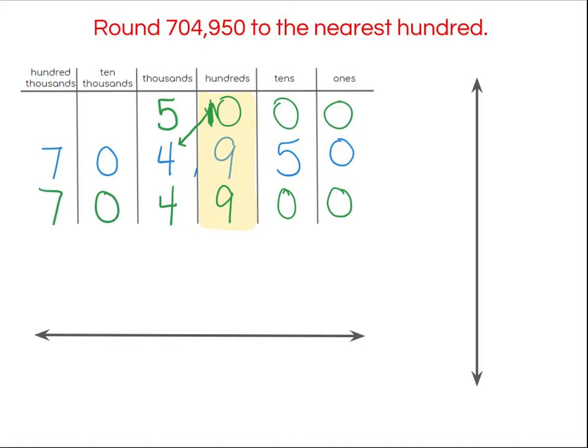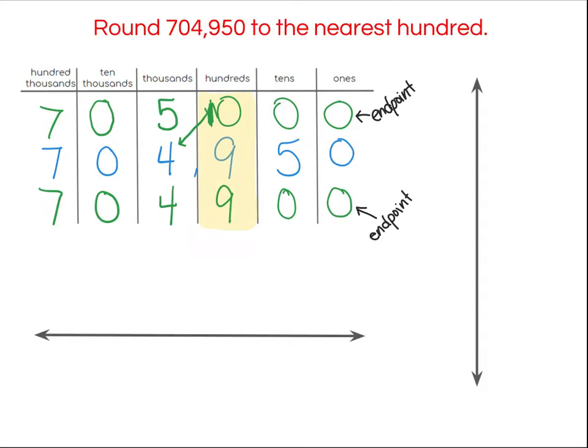It's easy to see that 4,950 is between 4,900 and 5,000. The 100,000s and the 10,000s remain the same. So our two endpoints are 704,900 and 705,000.